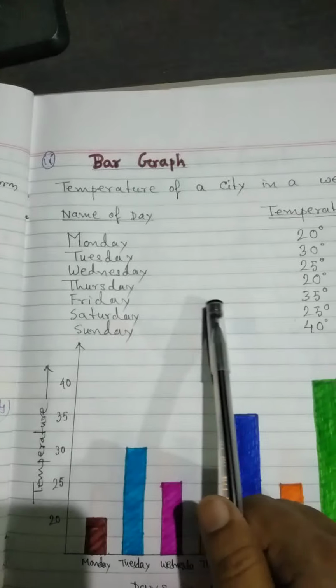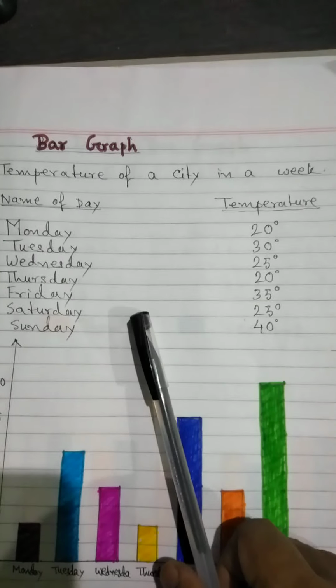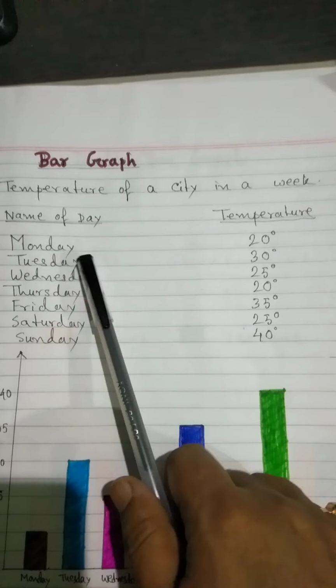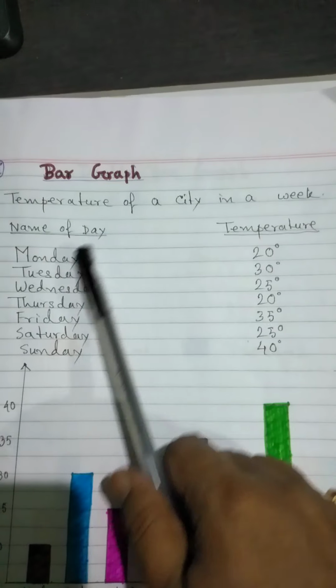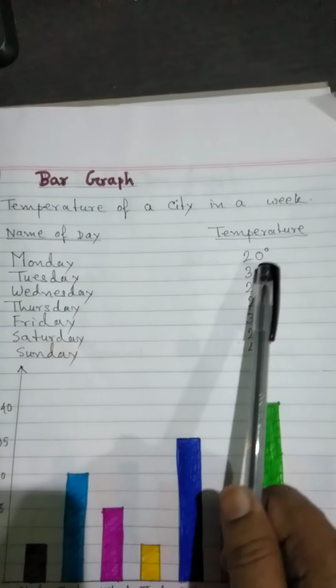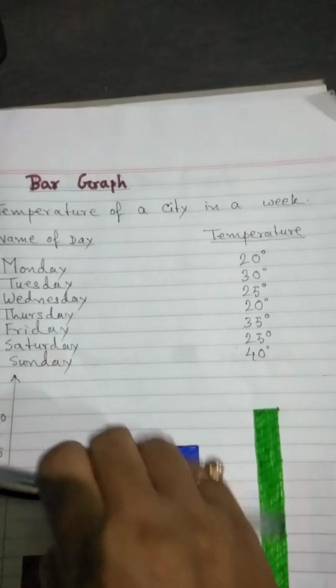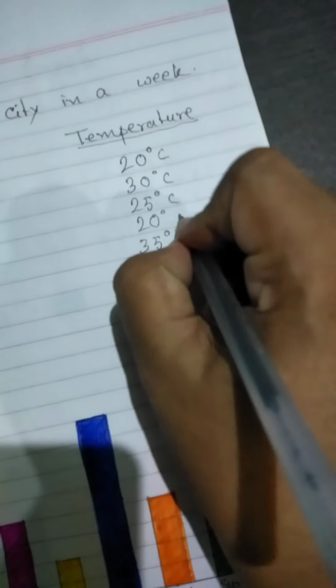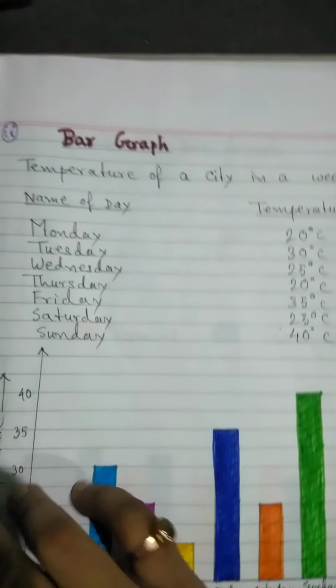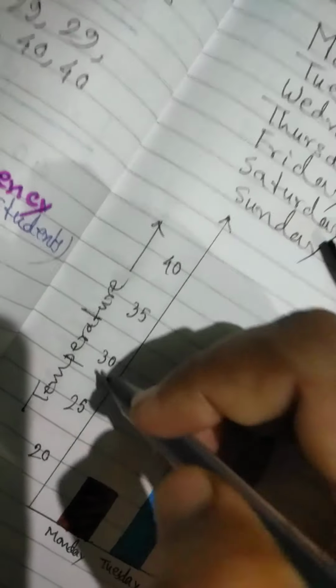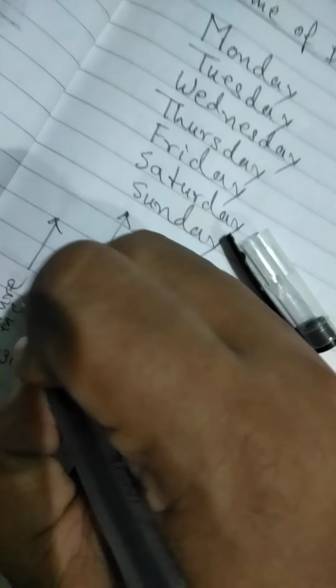Now next, bar graph. See, here the bar graph shows the temperature collected in a week. In a city, the temperature for 1 week: Monday 20 degrees, obviously these are in Celsius.